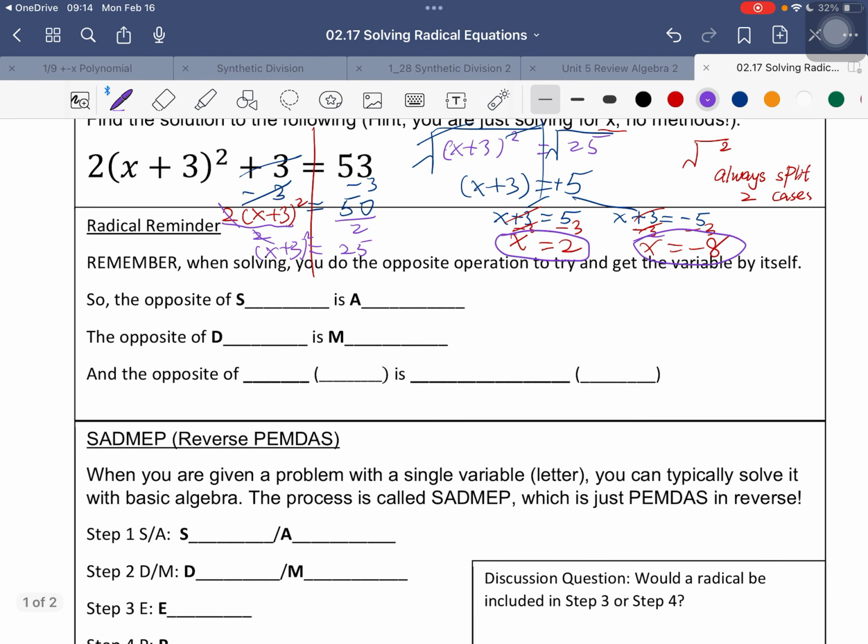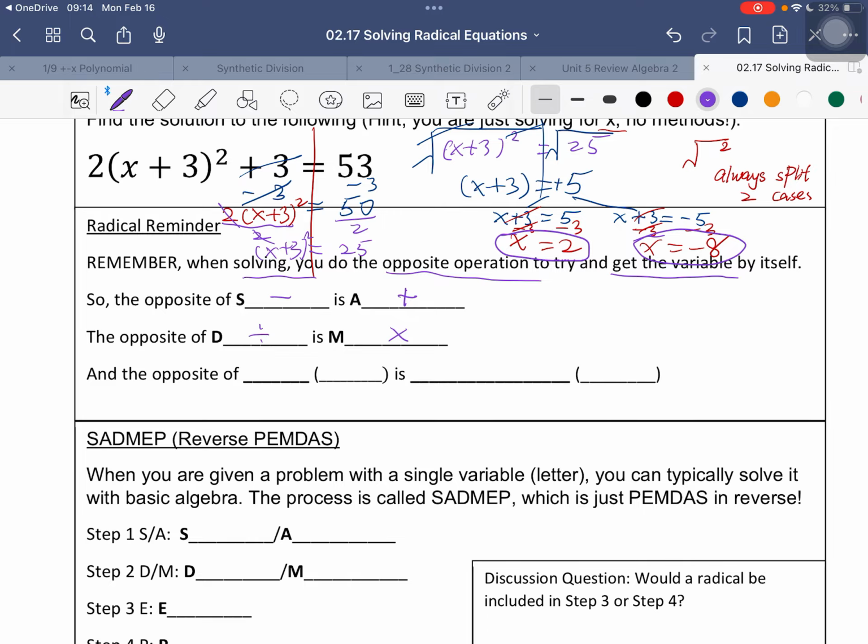Remember, when you solve something, you always need to do the opposite operation and try to get the variable by itself. So the opposite of subtraction is addition. Opposite of division is multiplication.